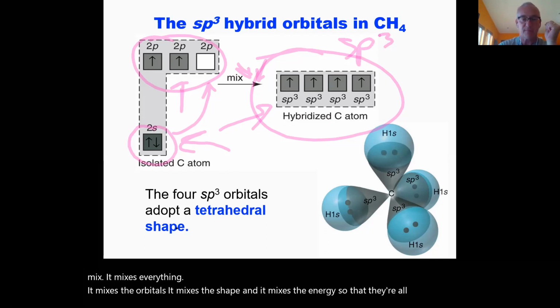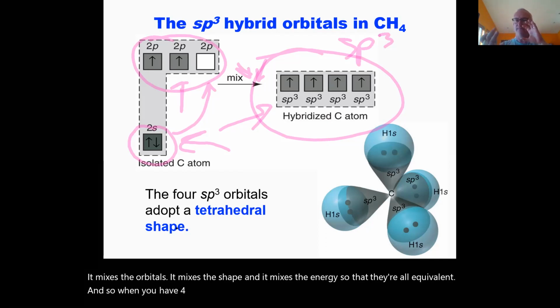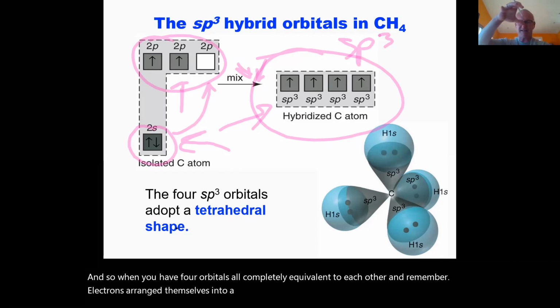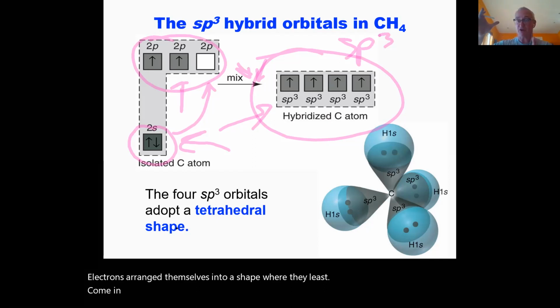And so when you have four orbitals all completely equivalent to each other, and remember, electrons arrange themselves into a shape where they least come in contact with each other because they're negatively charged.